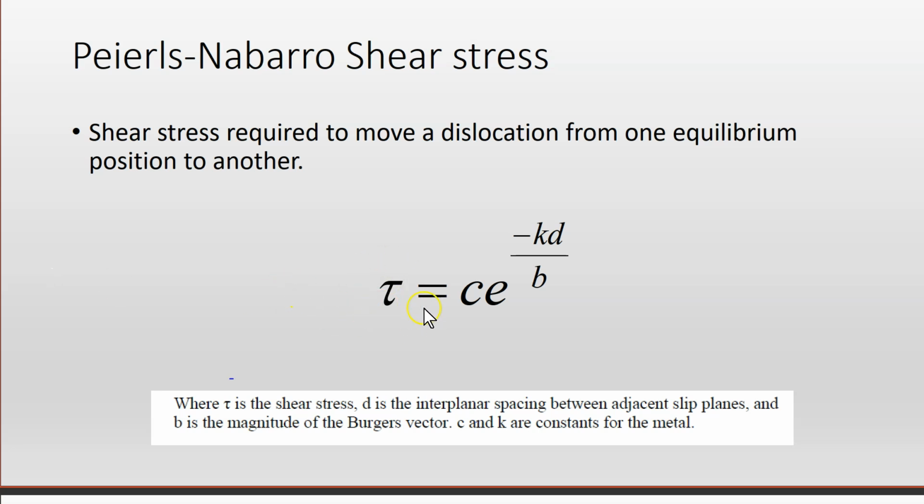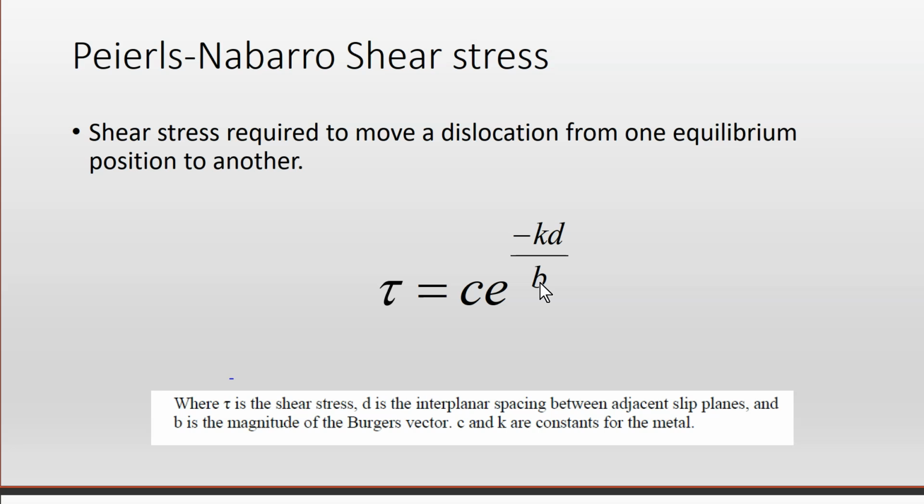It's equal to C, which is a constant for the material, times e, the base of the natural logarithm, raised to the power minus K, again another material constant. D is the interplanar spacing. So the larger the interplanar spacing is, the less stress is required to slide those planes over one another.